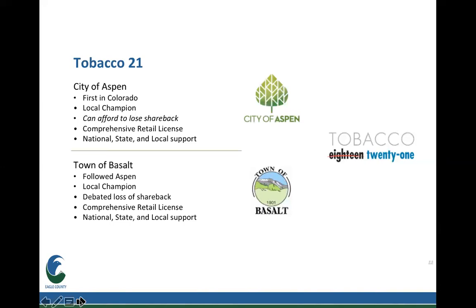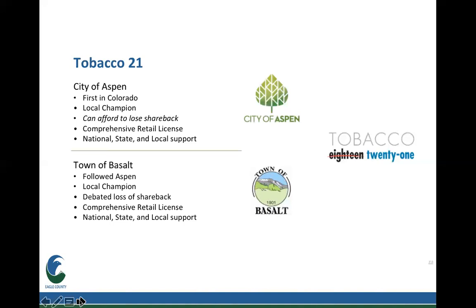The council passed the effort in March of 2018. There was some concern in Basalt over including cigarettes in the license. But again, we had great support from the National T21 regional director and from some of our other local champions in making the case for including cigarettes. And the council decided to pass a comprehensive license for Basalt as well.